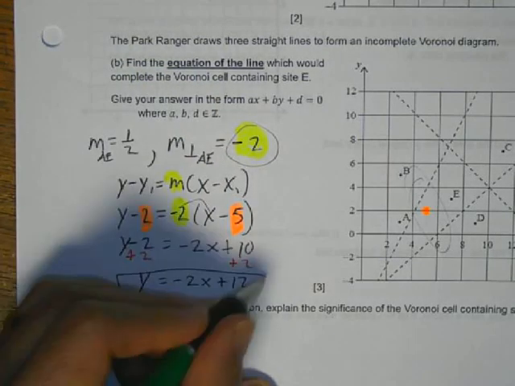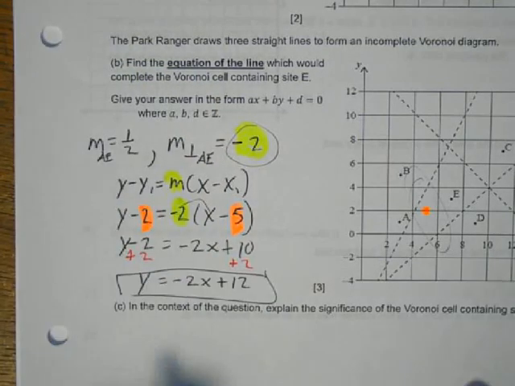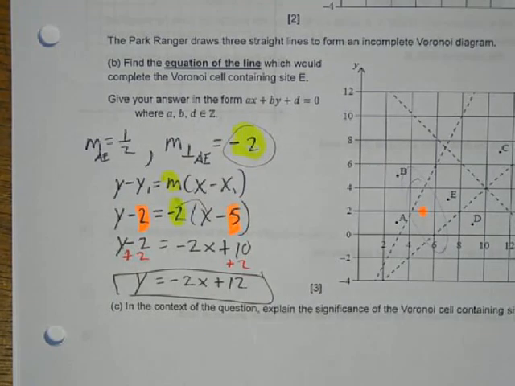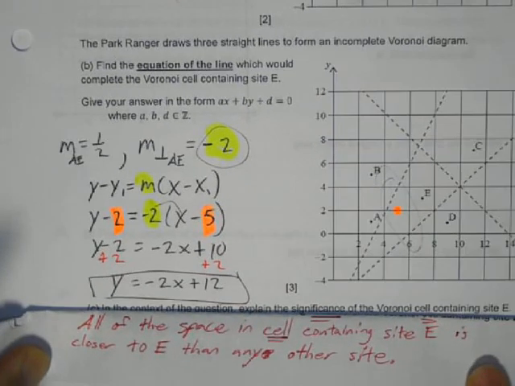Okay. And the next question, in the context of the question, examine the significance of the Voronoi cell containing E. So basically what I've said is that all of the space in the cell containing site E is closer to E than any other site. You might want to hit pause to write this down.